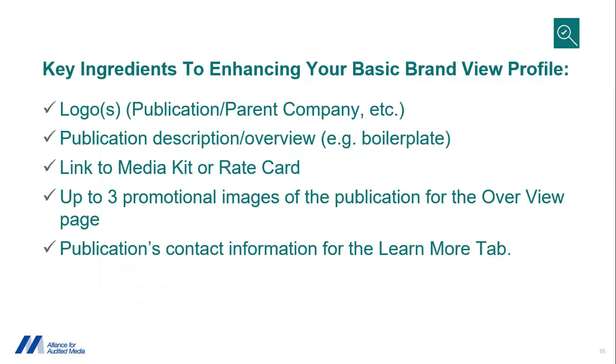A lot of times, publications have this on their website. So when you go into About Us, there's a brief blurb about the publication. Copy and paste that. Again, you don't have to recreate the wheel. Use what you have. Also, you want the link to your media kit or your rate card.